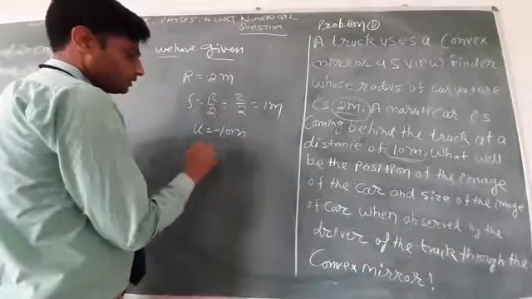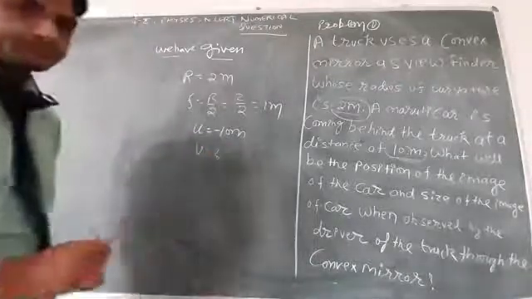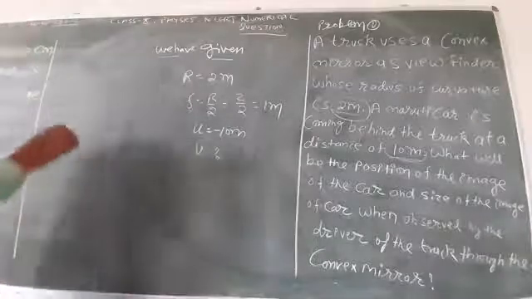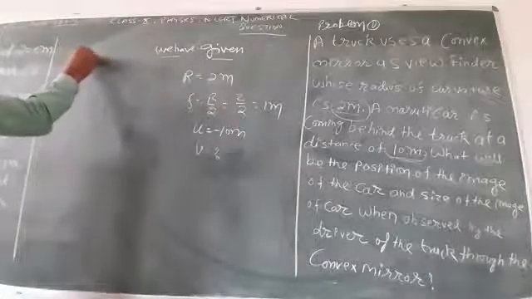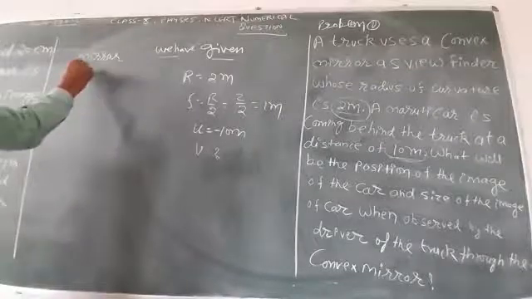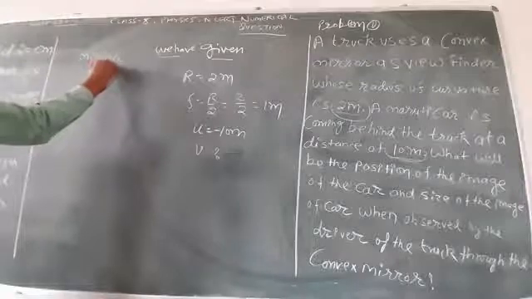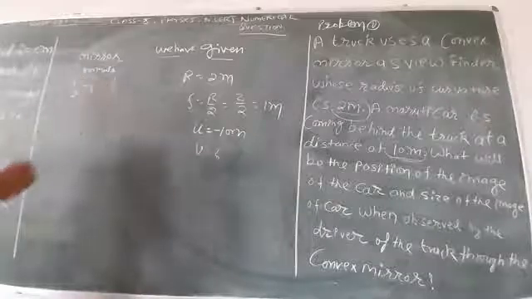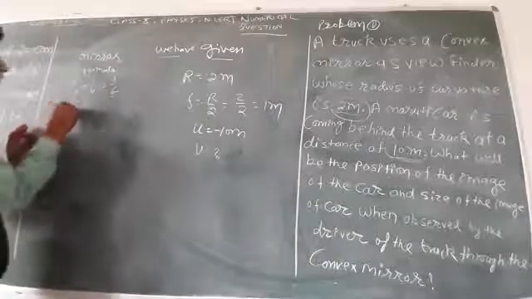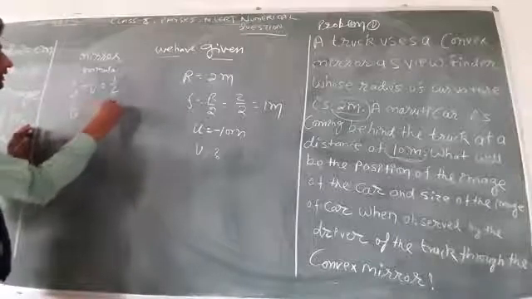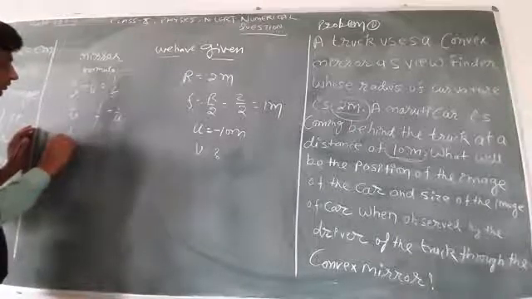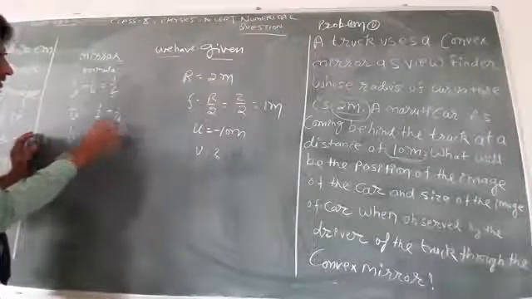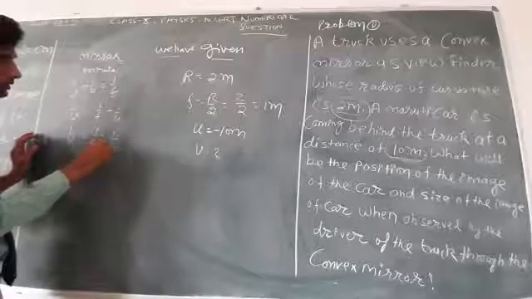So we have to find V. We can find V easily by using the mirror formula: 1 upon V plus 1 upon U equal to 1 upon F. So 1 upon V is equal to 1 upon F minus 1 upon U. The value of F is 1 meter and the value of U is minus 10.